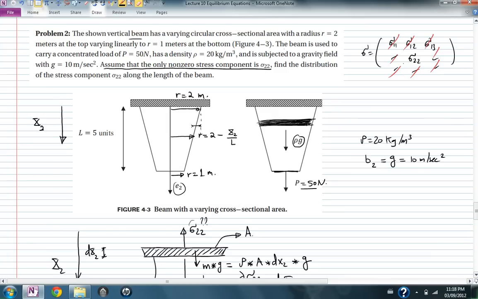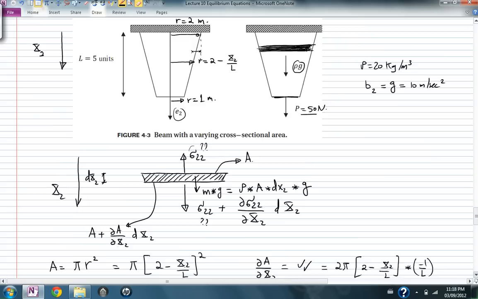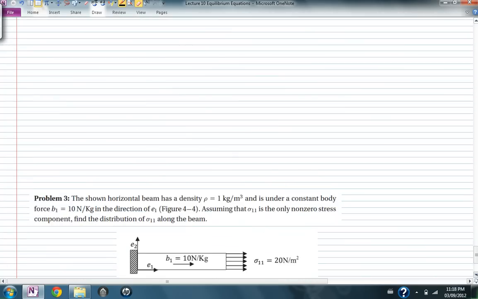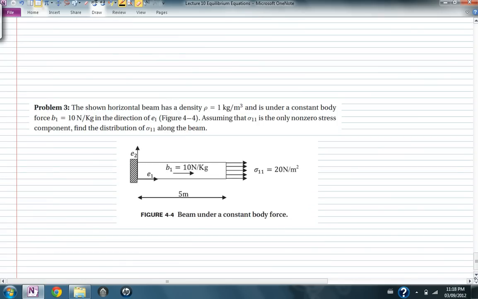The last problem in this section is a similar problem, but perhaps the solution will be much easier because the geometry is slightly easier.